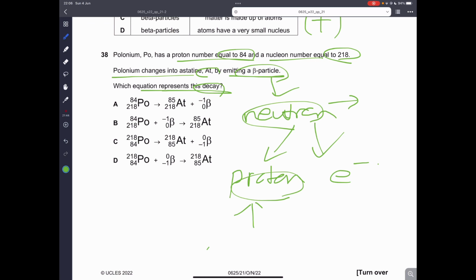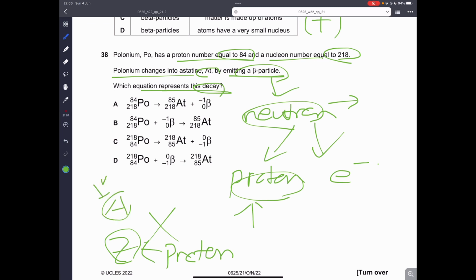So we have to find it. Polonium, okay, the right way to write this is that the proton number is always at the bottom, and the number above is the mass number or the nucleon number, and the X is represented as an element.